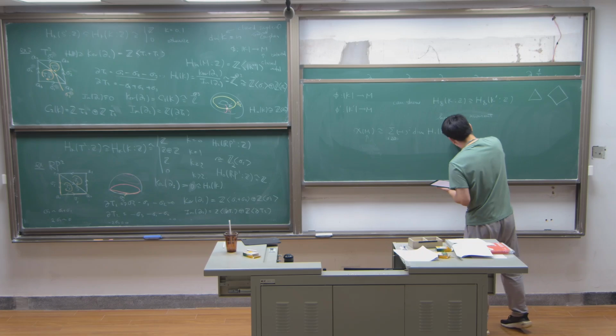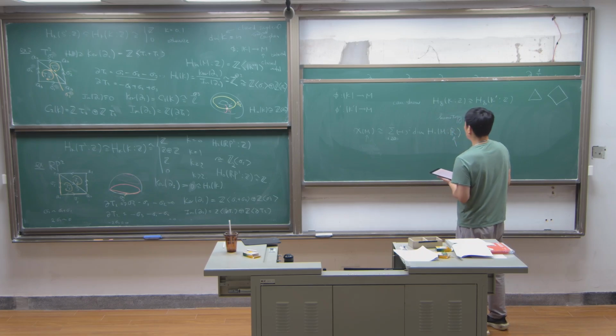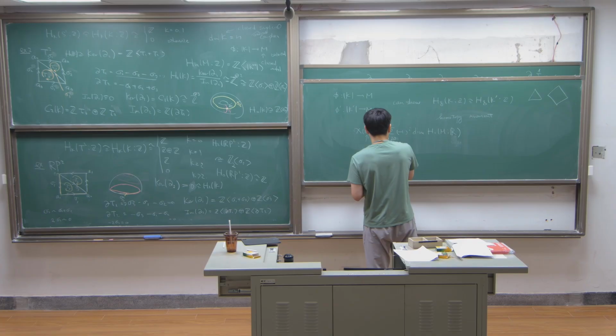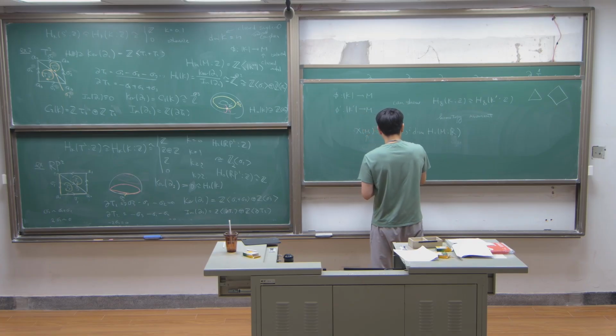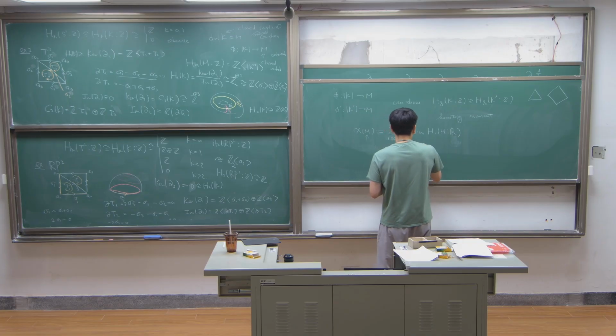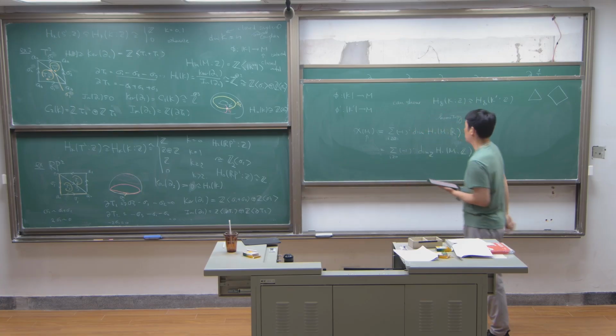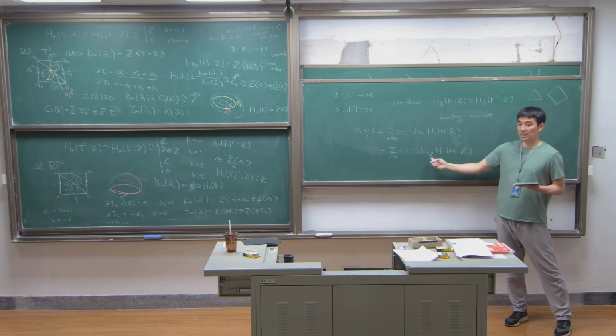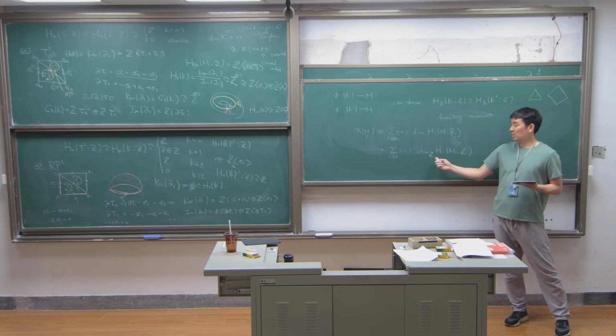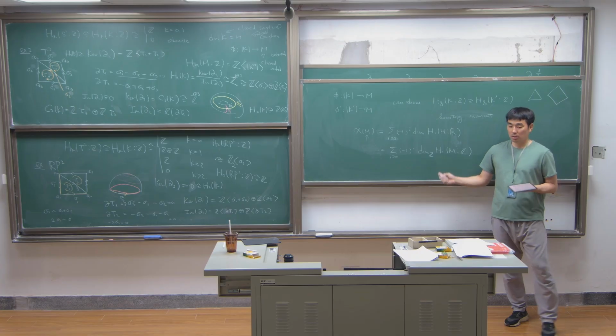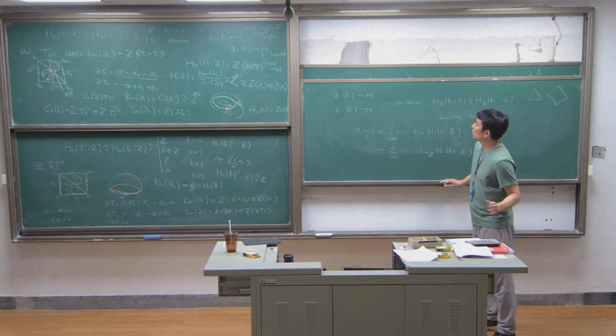So here it is very important to use R. This is the definition. So you only take the Z part of the homology group.